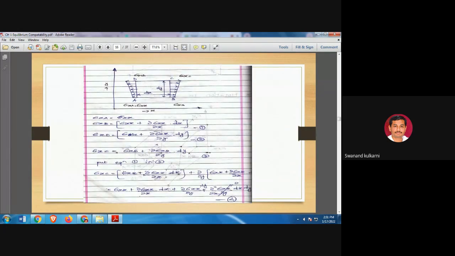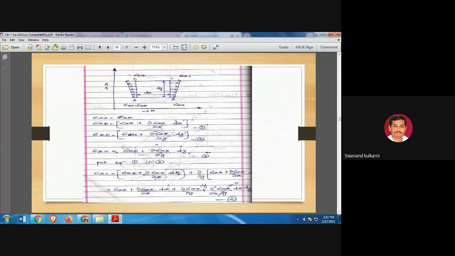We get sigma xx plus dou sigma xx upon dou x into dx plus dou by dou y of sigma xx plus dou sigma xx upon dou x dx. Is it okay? Here what is done?